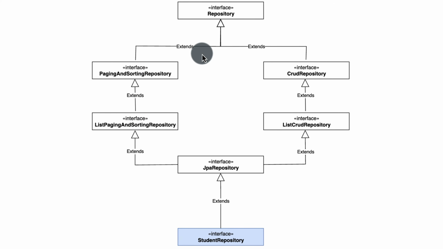And all of these extend from the mother interface called Repository. So now it's up to you which one you want to use, depending on your needs. For now, let's go ahead and extend this JPA repository and create our student repository.